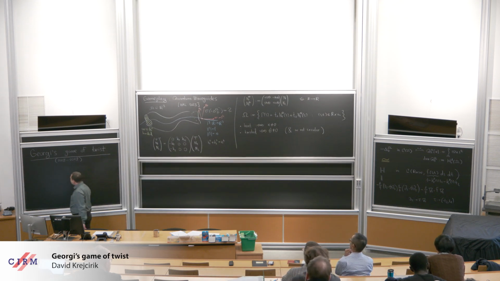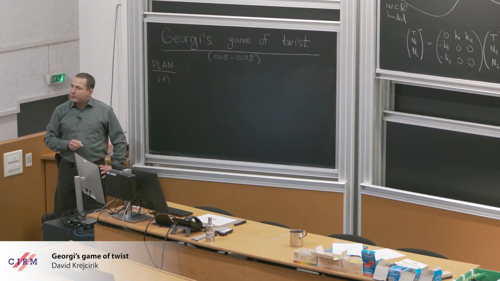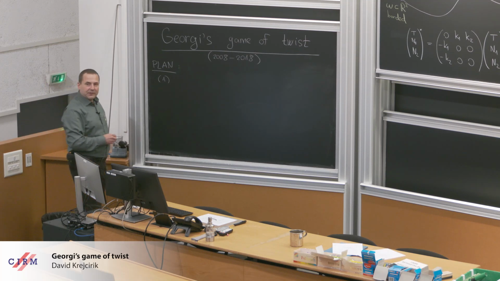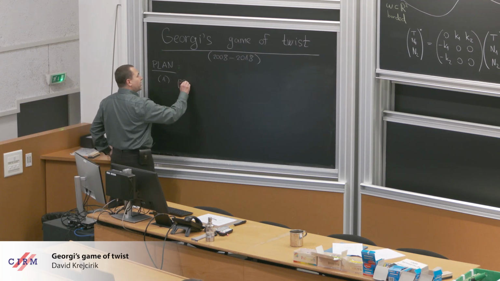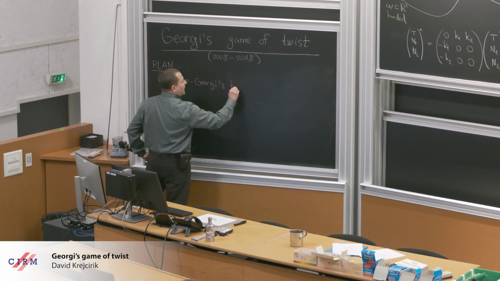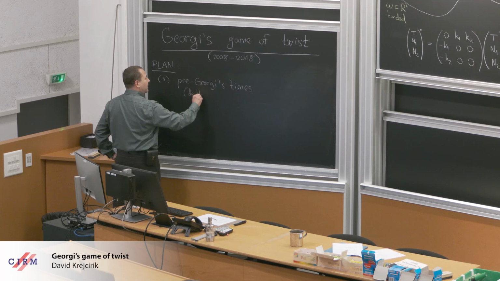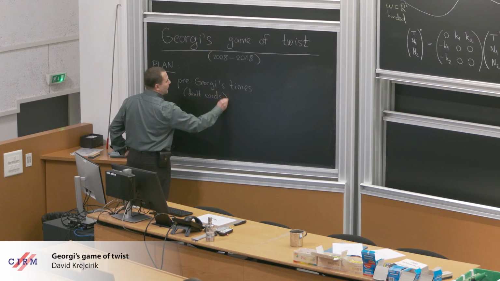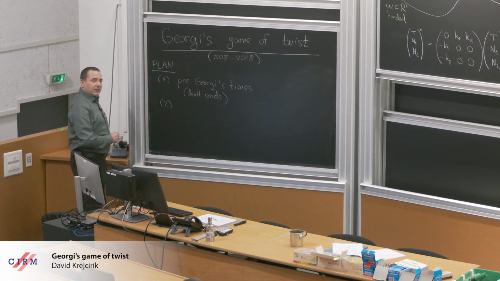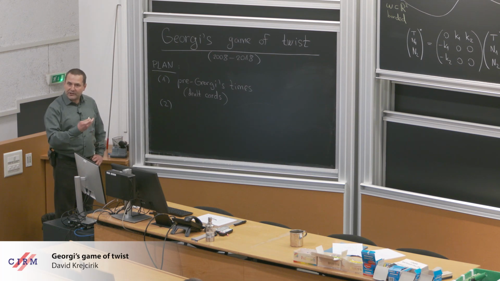So the plan for my talk is first to talk about what happened before Georgi started to be interested in this game. So let me call it pre-Georgi's times, or dealt cards for him. Then I will recall results by him and others. By this I mean not me.